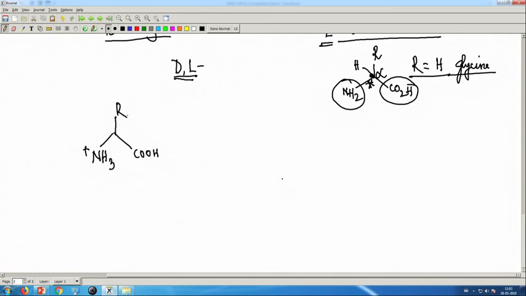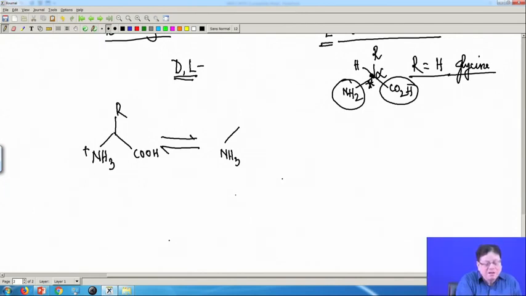And then suppose you have this R group. At acidic pH, this is the situation, and as you raise the pH, that means you are adding alkali, what will happen? Now the question is, you have two acidic hydrogens: the CO2H hydrogen is acidic, and the NH3 plus hydrogen is also acidic.